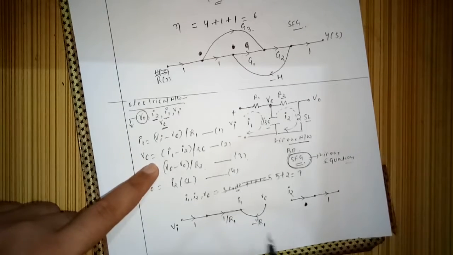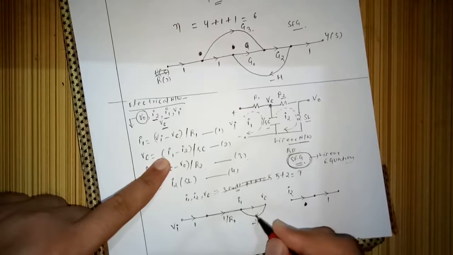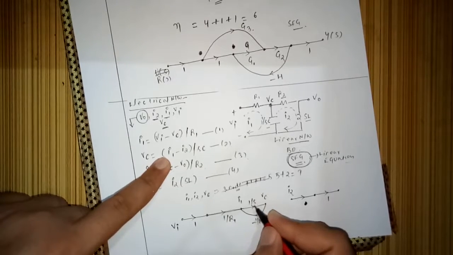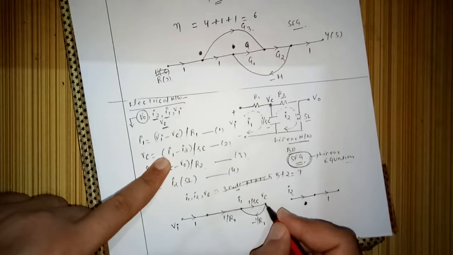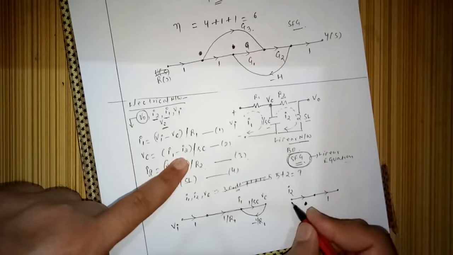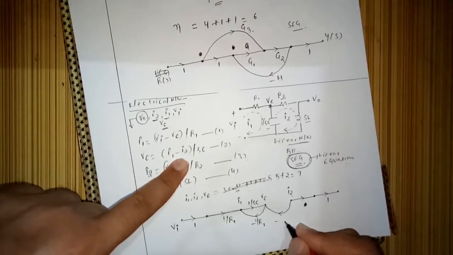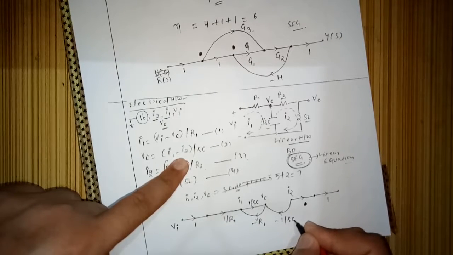Second, VC equal to I1 by SC. I1 multiplied by 1 by SC gives rise to the first term of VC, and here it is coming from I2, this is minus 1 by SC.